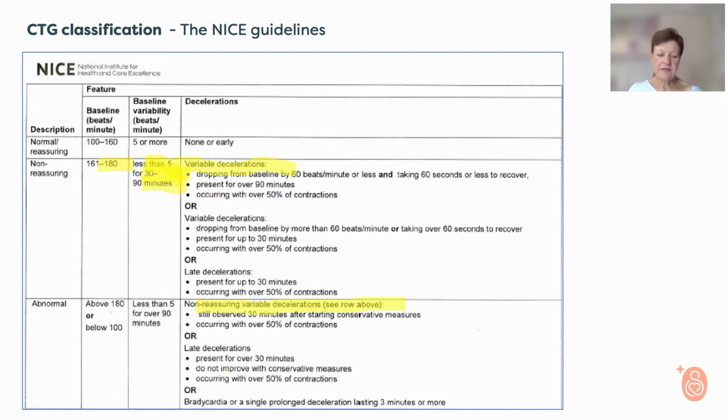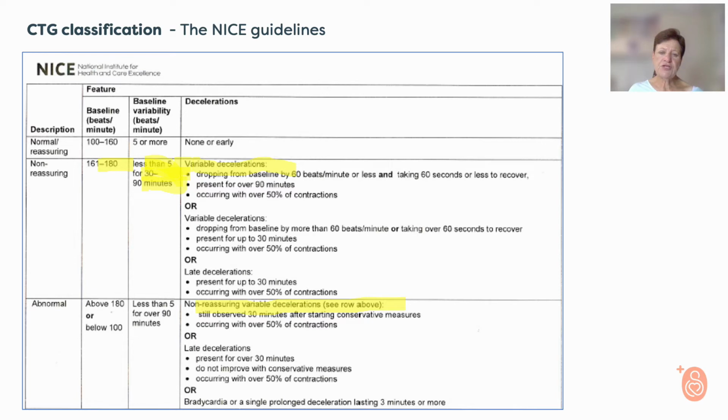And then they say in the non-reassuring column, it's a baseline of 161 to 180 beats per minute. So in our case, our baseline will fall into this non-reassuring column. If we look at the variability, if there's 5 or more variability, it's normal or reassuring, but less than 5 for 30 to 90 minutes is a non-reassuring sign.